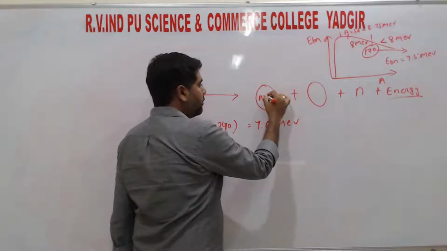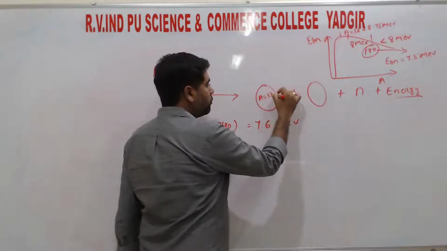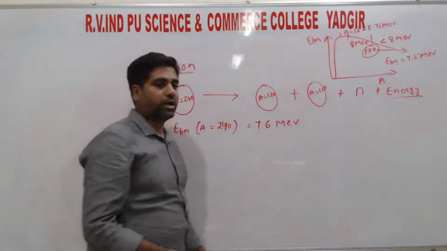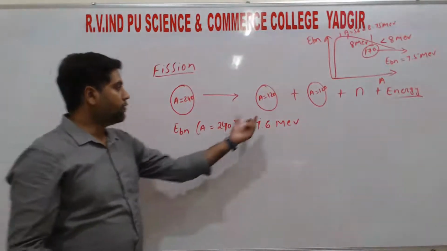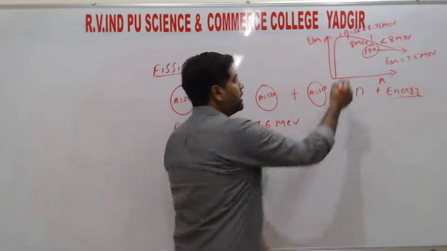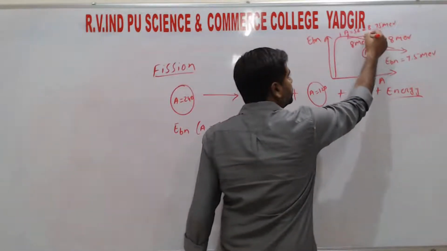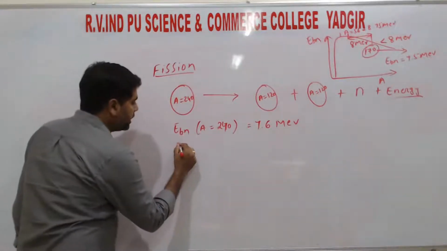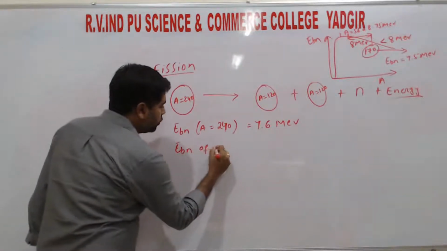For approximation, we take this one as mass number 120, and here also mass number 120, right? These lie in the region between 30 and 170.